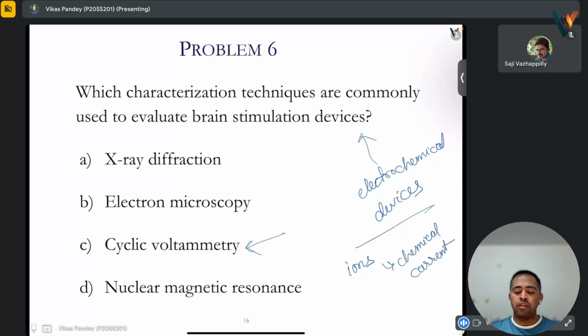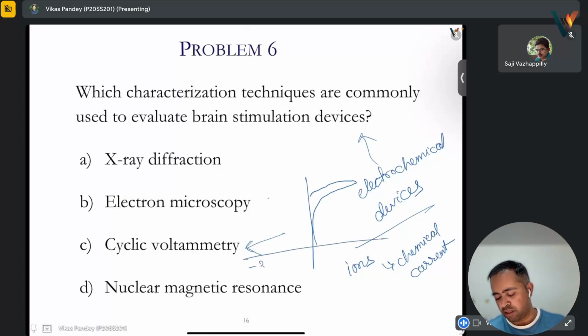Whenever you come across electrochemical devices, cyclic voltammetry is a very common technique in which a fixed range of voltages is applied, something like from minus 3 volt to 3 volt, and the current is recorded.